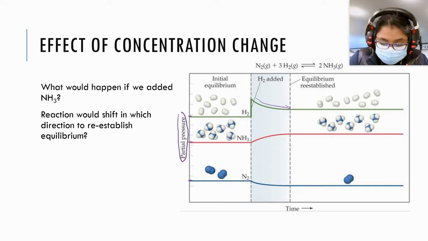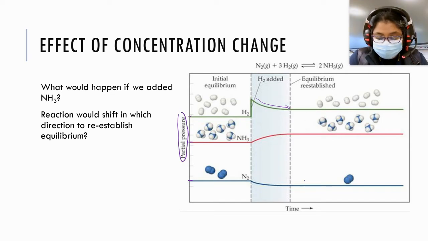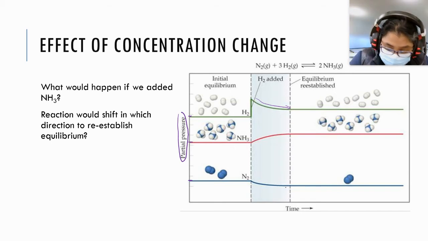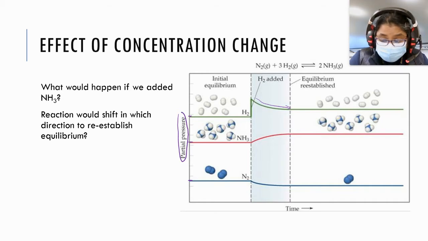Then you see that big spike in the partial pressure of H2 when you add more H2, and then the H2 gets used up. And when equilibrium is reestablished, the partial pressures of H2 and NH3 are higher, but the partial pressure of N2 is lower. So you see the big spike, and then the H2 gets consumed, and then you see a little bump when the ammonia is being formed. More ammonia is being formed because you just added more H2.